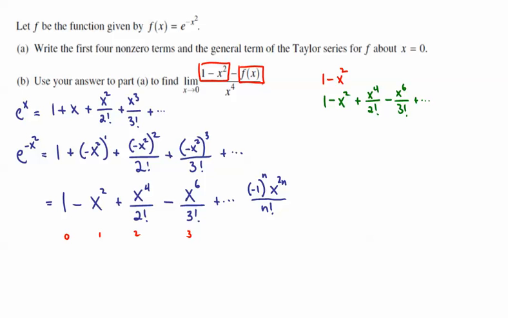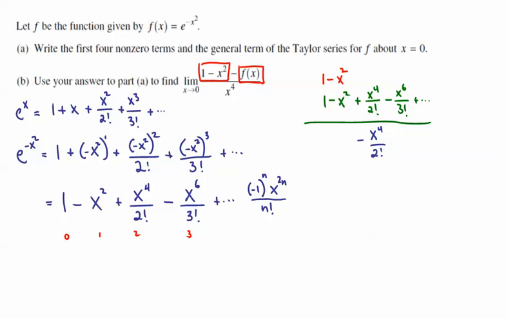Well, what's going to happen here is we're just going to do a term-by-term subtraction. 1 minus 1, that's 0. Negative x squared minus negative x squared plus x squared is going to be 0 also. Then all the other terms are going to be opposite sign. So we're going to get 0 minus x to the fourth, that'll give us negative x to the fourth over 2 factorial.